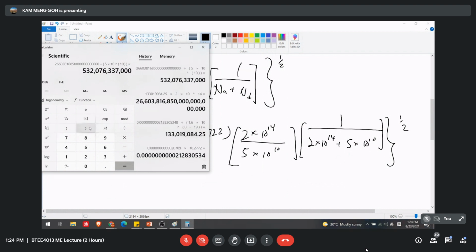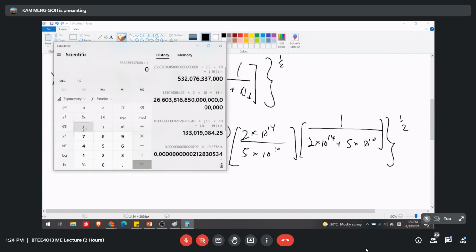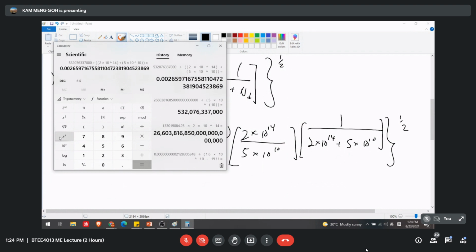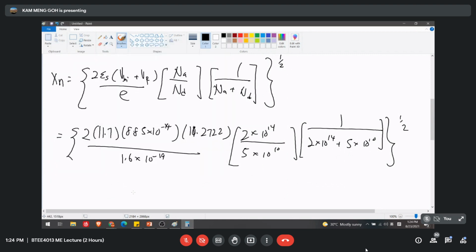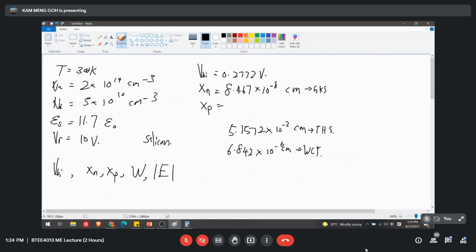Then you further divide it by 10 to the power of 14 plus 5 times 10 to the power of 10. And then you square root this answer. 0.00265, okay, 0.05175, which is the answer from Tan Xinsheng.